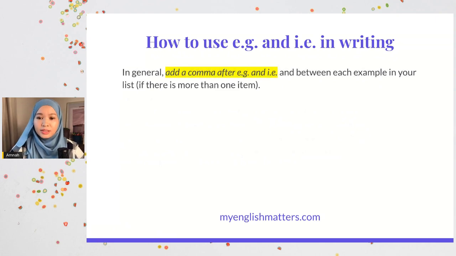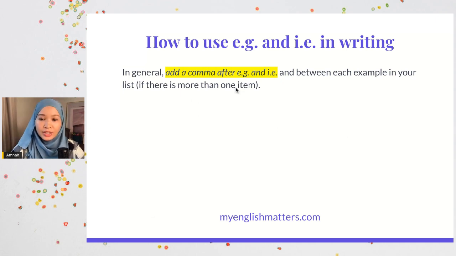In general, add a comma after e.g. and i.e., and between each example in your list if there's more than one item. So this is actually something new to me also.